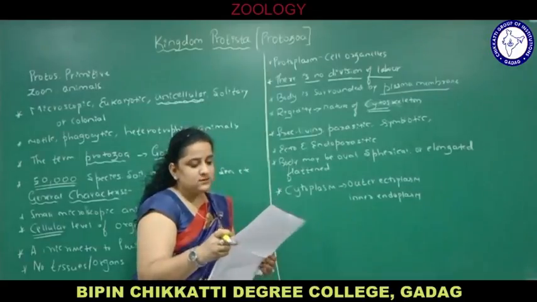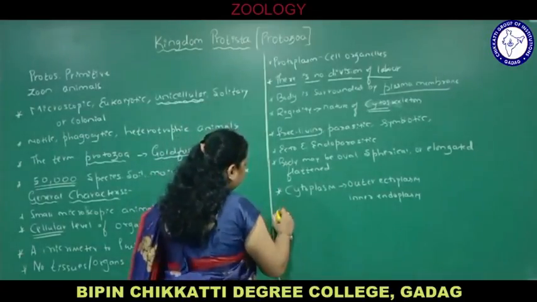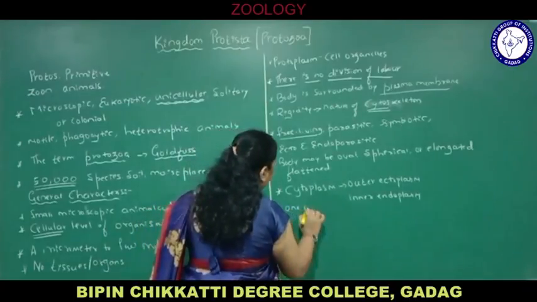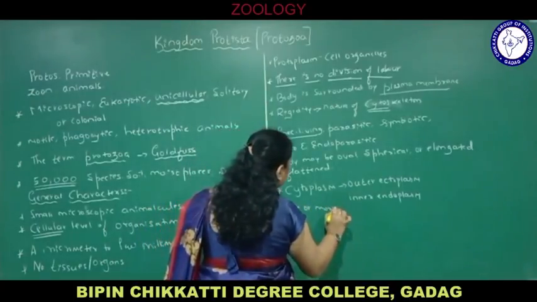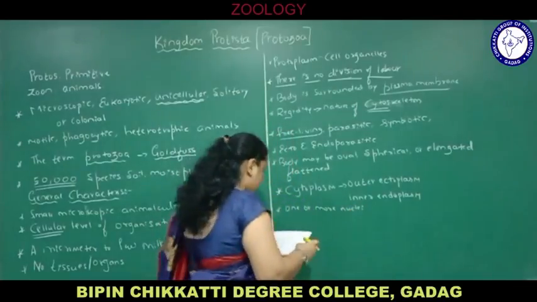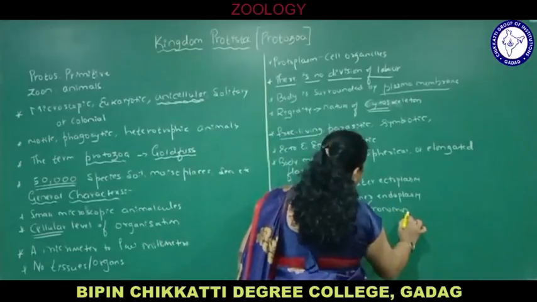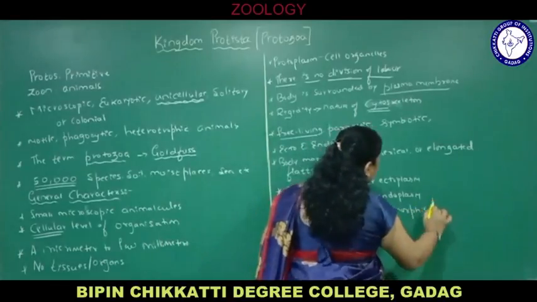Then protozoans have one or more nuclei. They are called monomorphic or dimorphic. Mono means single.